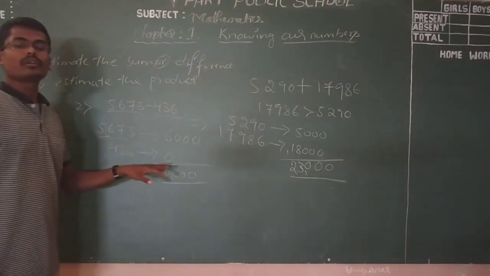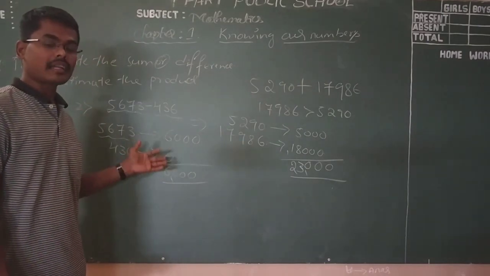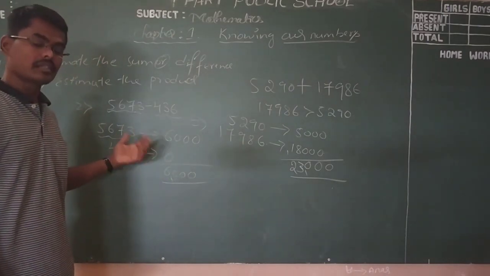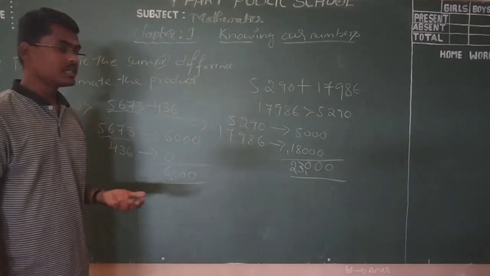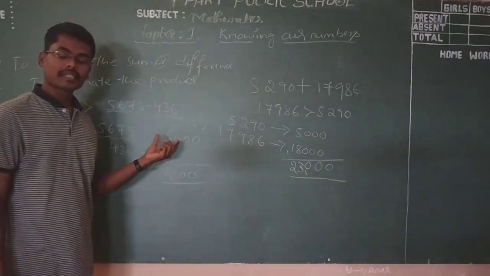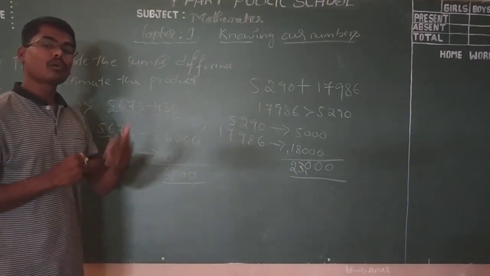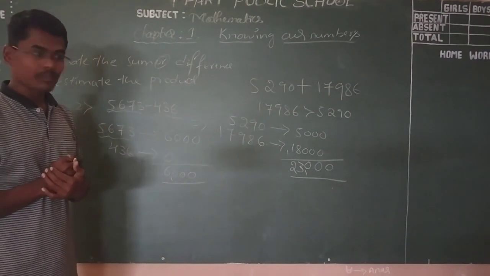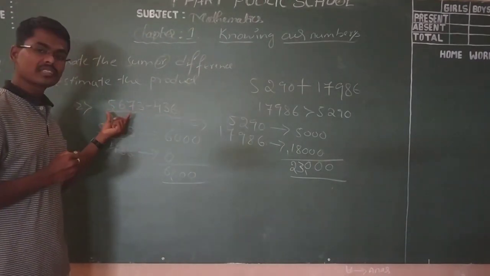This is how we estimate, but this is not an exact estimation. We can estimate in other ways also. Instead of rounding off to the thousands position, we can round off to the hundreds position, because one is a 3-digit number and the other is a 4-digit number.